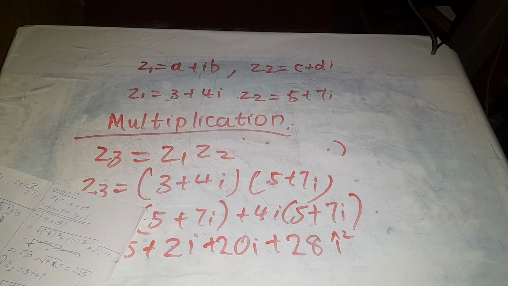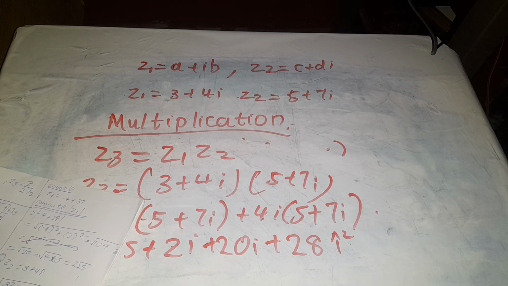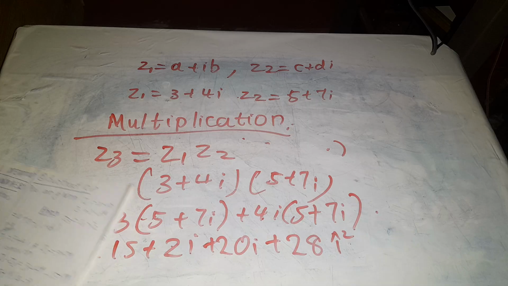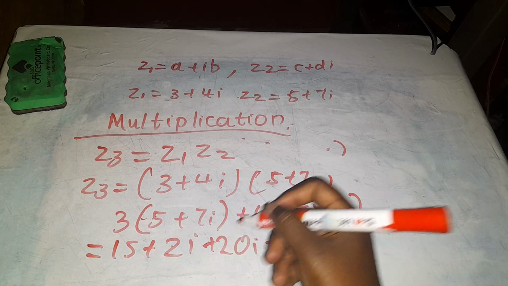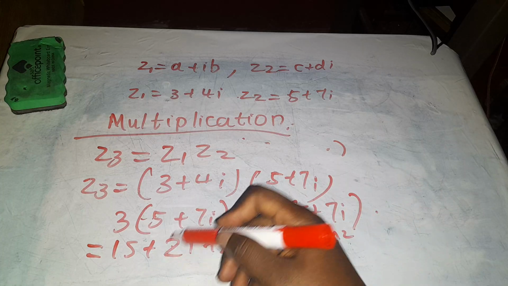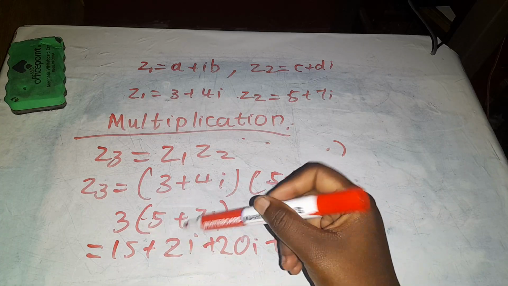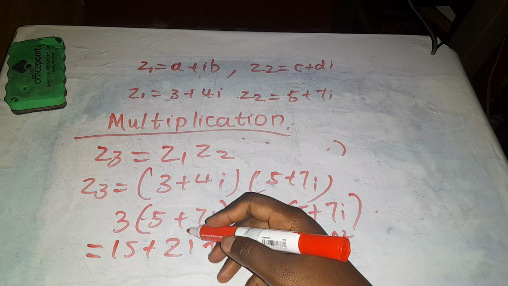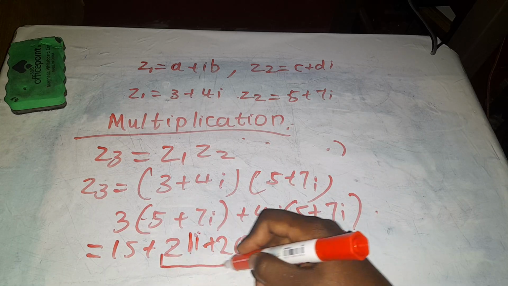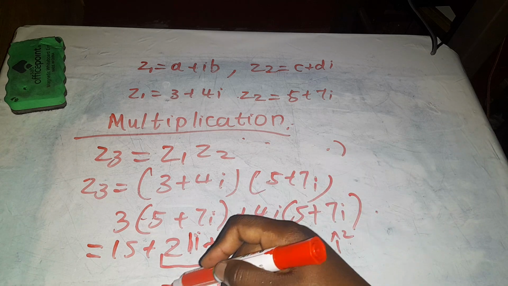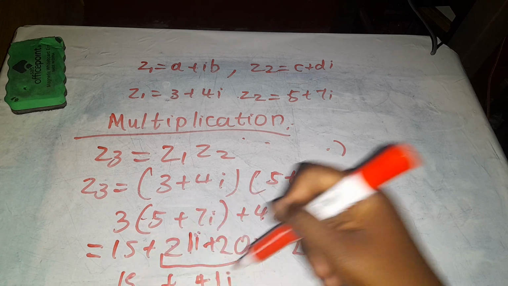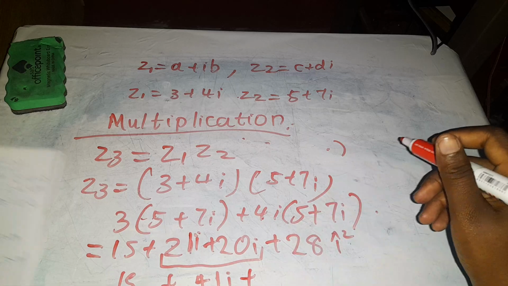Let me see. i squared is equal to -1. So our final, what's this? 21i. So this will be 41i plus 15 plus 28i squared.